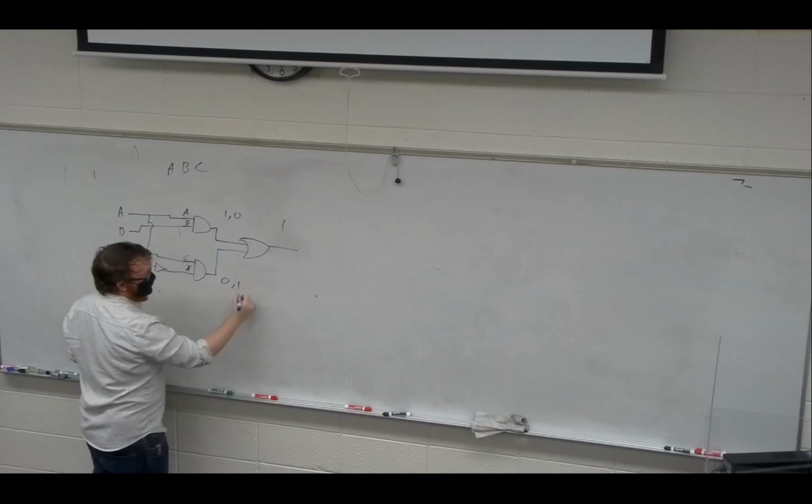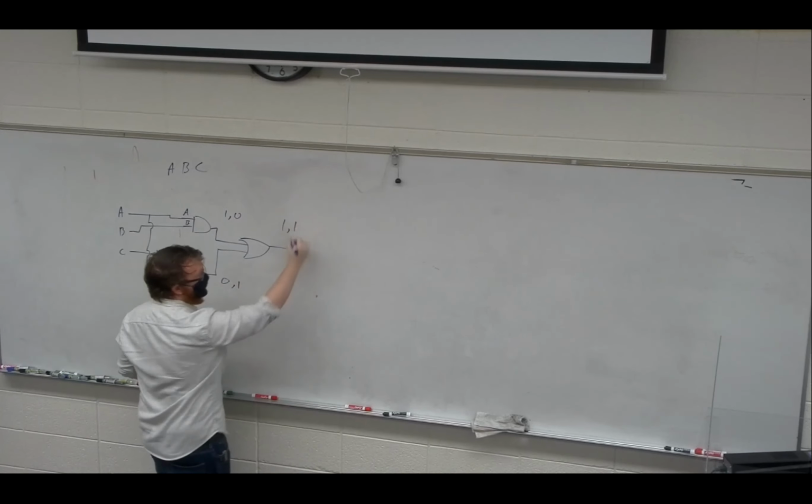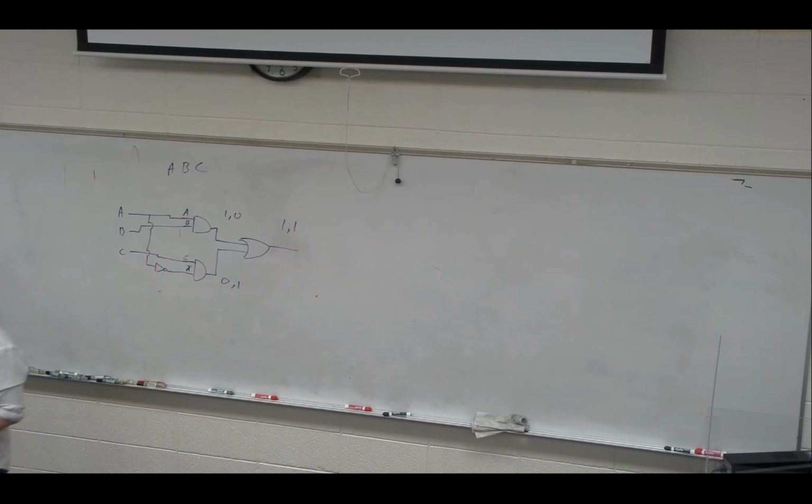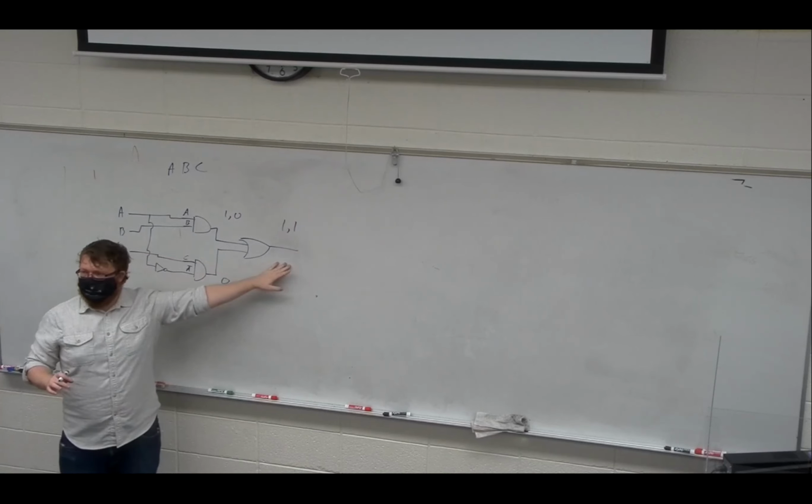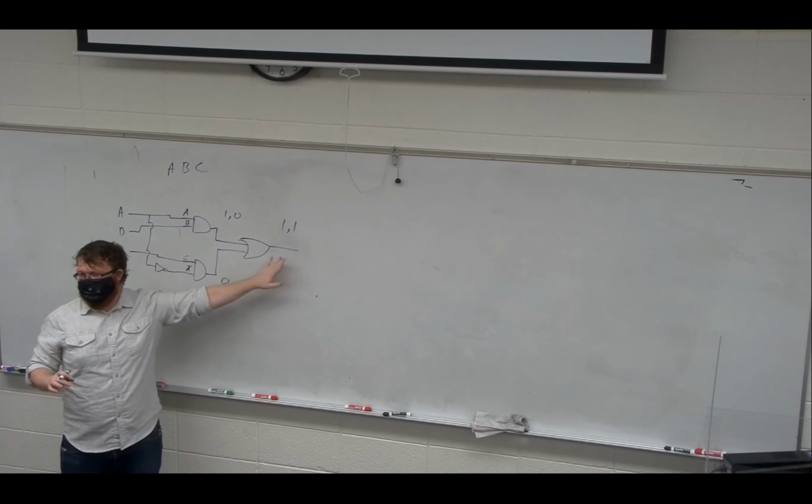So this is 1. And this, still 1. Right? So what we would like to see is if I transition from 1 to 0 or 0 to 1, I always see 1 at the output. Is that going to be true here?